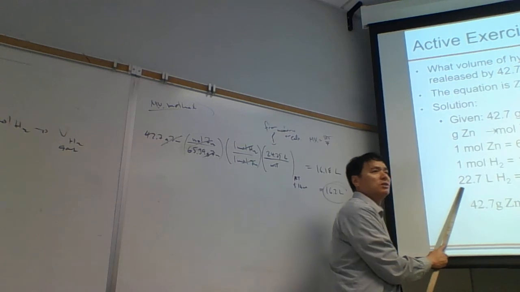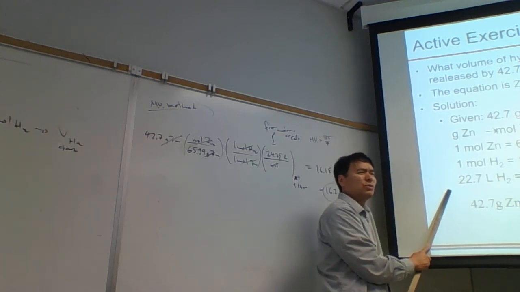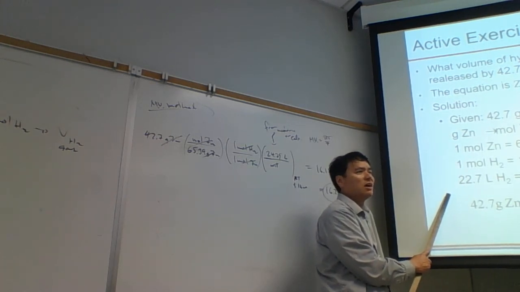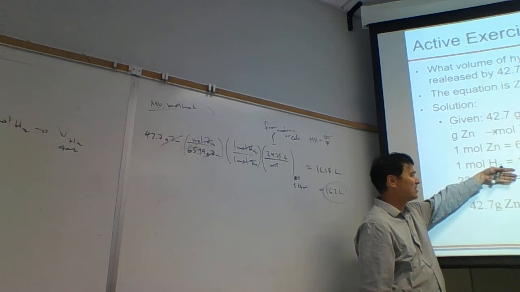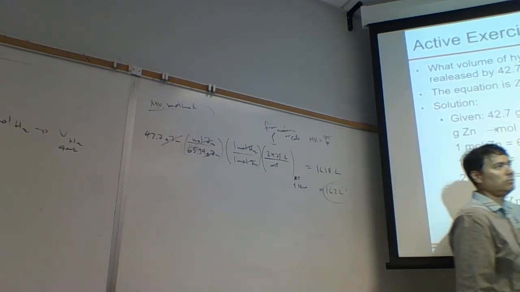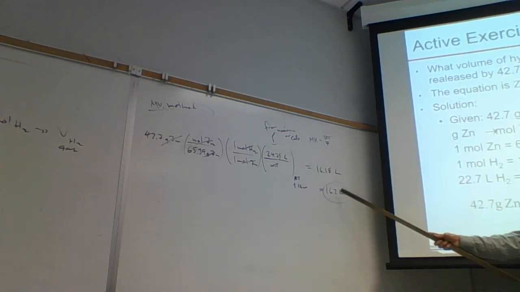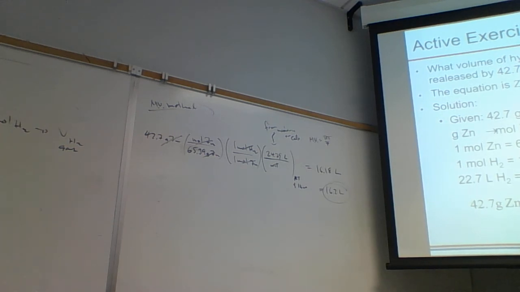They memorized 22.7. Is that a useful one to memorize? No. The only time you're going to use it is for these calculations, so I don't even bother memorizing this one. And so do you see, we got 16.2 liters, they got 14.8 liters, because as you cool the gas down, it's going to shrink.